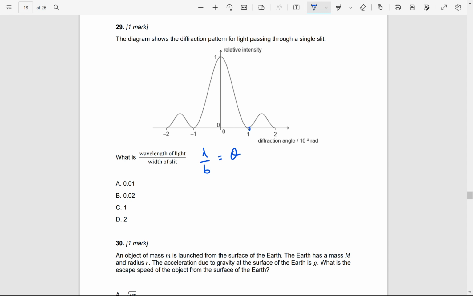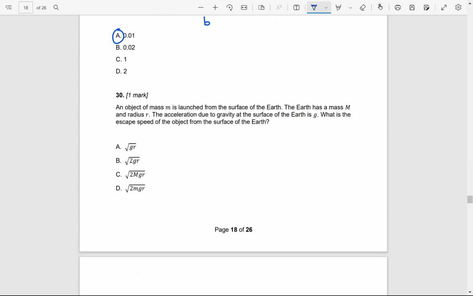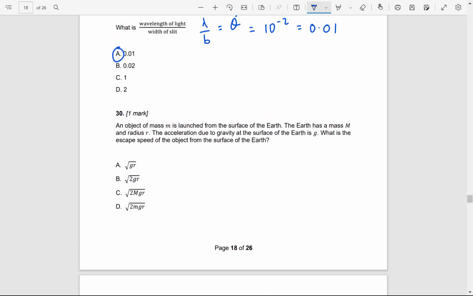If we look here, theta to the first order is 10 to the minus 2, which doesn't appear in the answers, so we need to convert that. It's 0.01, so the answer is A.